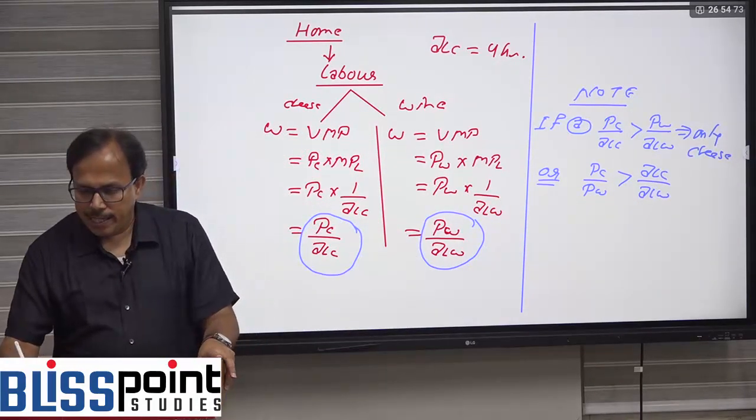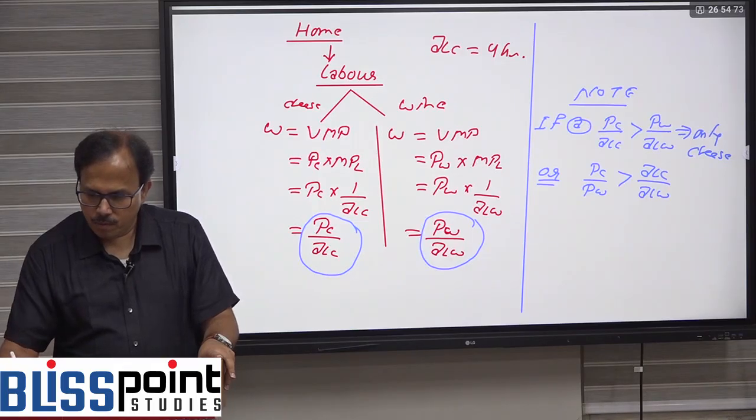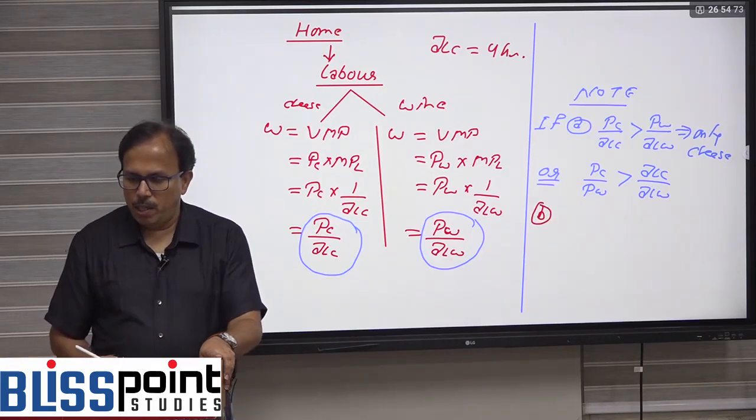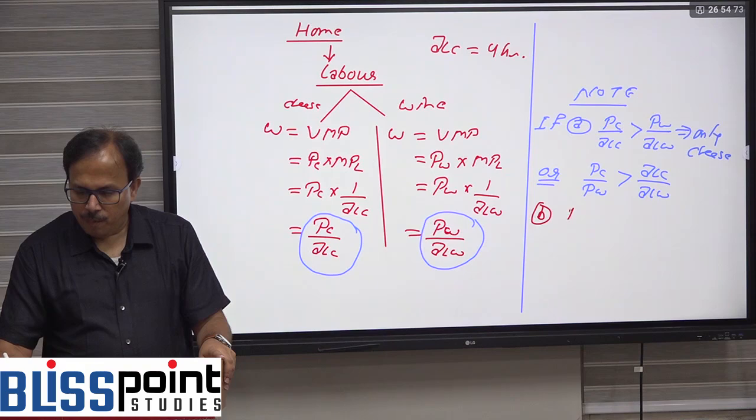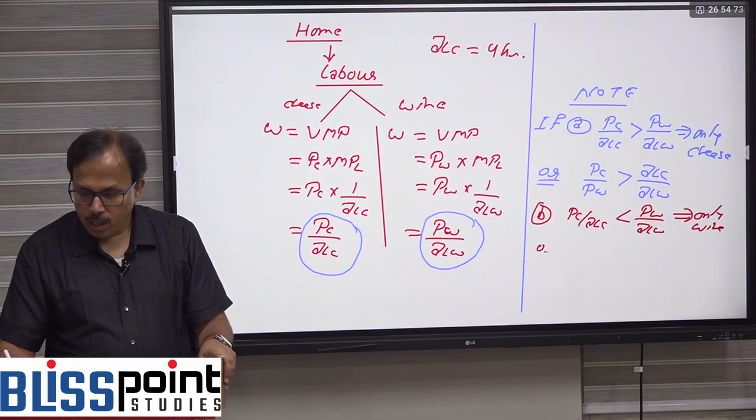And what is the second possibility? B. If PC upon ALC is less than PW upon ALW, in that case the country will produce only wine. Now this can be written as PC by PW less than ALC by ALW.